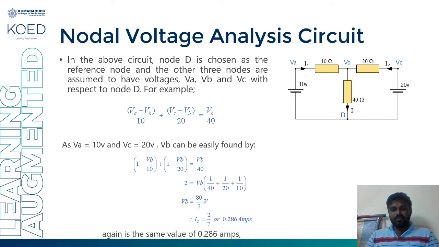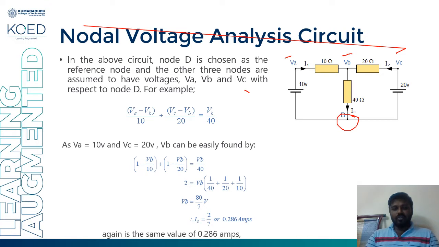In the circuit, node D, for example, is the reference node, and the other three nodes are assumed to have the voltages VA, VB and VC with respect to node D. While writing the equation, you get (VA minus VB) by 10, plus (VC minus VB) divided by 20, is equal to VB divided by 40.